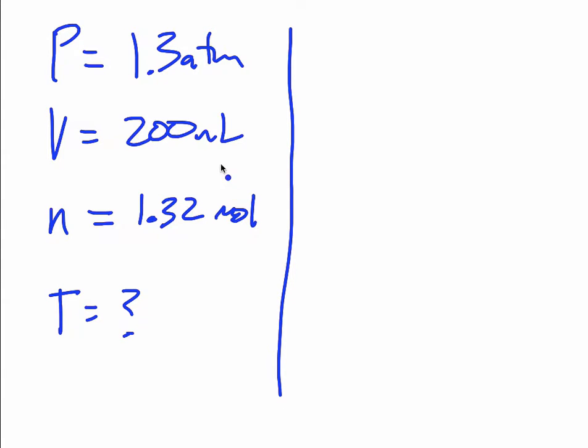This would be written in some sort of statement. They'd say the pressure of a gas is 1.3 atmospheres, while the volume is 200 milliliters. The moles is 1.32, and the temperature is. And if they ask for the temperature in Kelvin and degrees Celsius, we need to know that the answer first comes out in Kelvin. So let's calculate this.